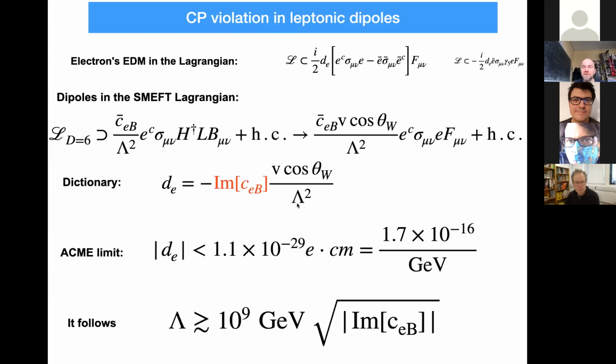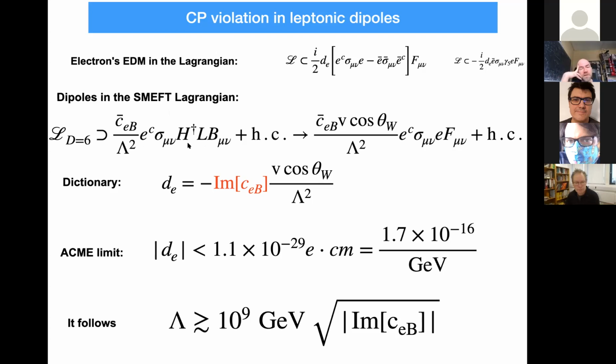The reason is that this operator violates a symmetry called chiral symmetry, because it marries left and right. It violates the same symmetry that is violated by the Yukawa interaction of the electron. This is not an exact symmetry of the Lagrangian, but an approximate symmetry because the electron mass is very small.